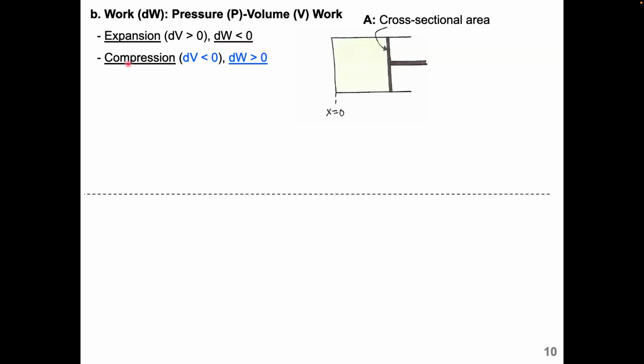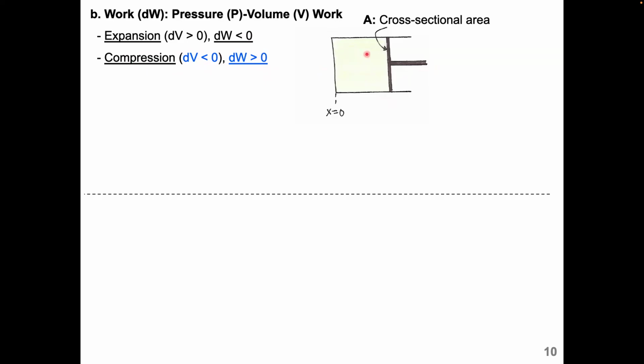On the other hand, if you are doing a compression, then you are compressing the gas, dV is negative, and in the end dW is positive, because your internal energy is going to be increasing.